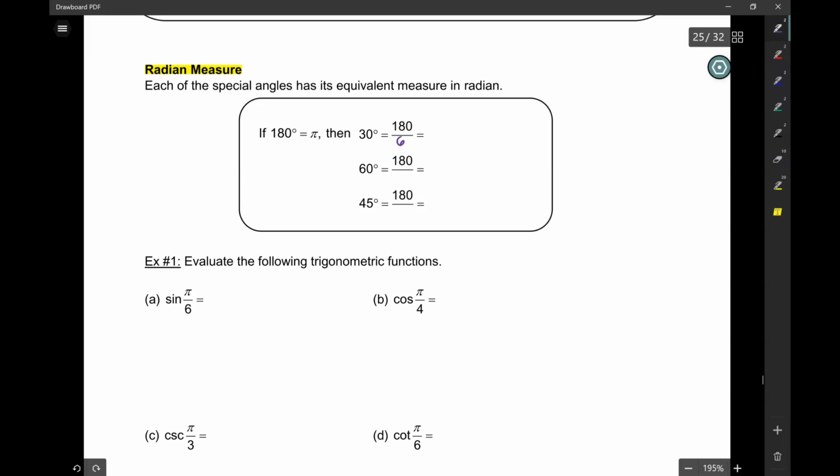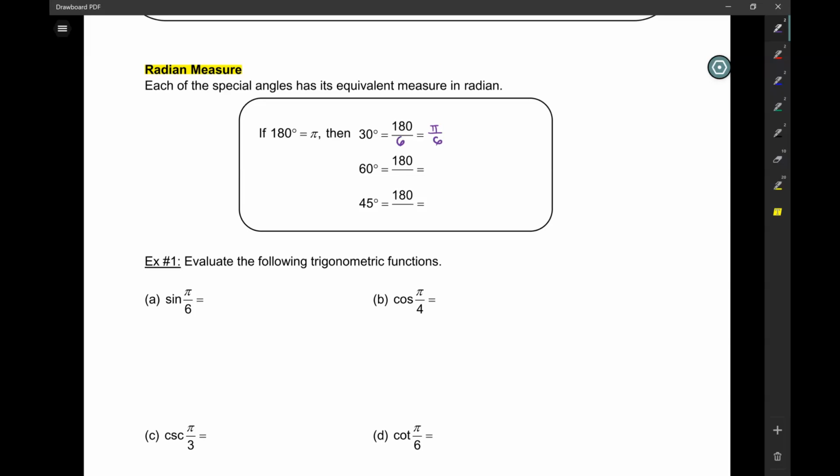So I take 180, divide it by 6, and I get 30. If 180 is the same as pi, then this is the same as pi divided by 6. Let's say that again. 30 is 180 divided by 6, or pi divided by 6.